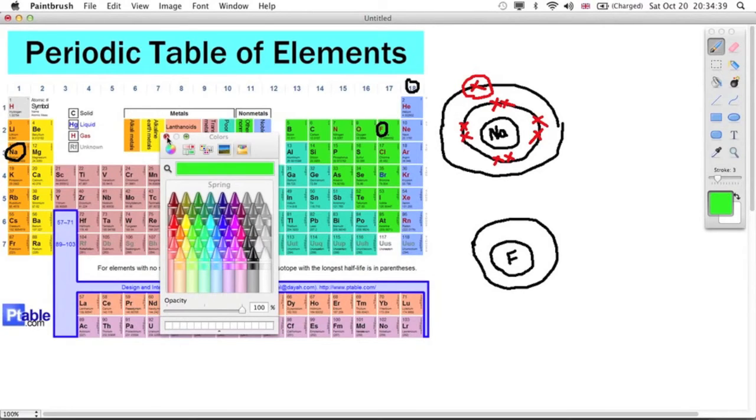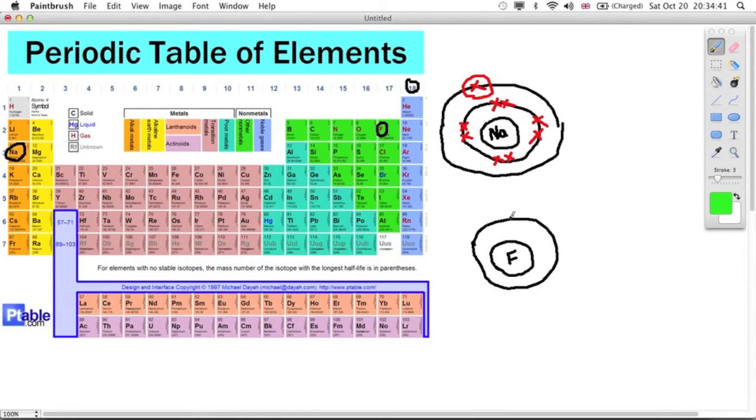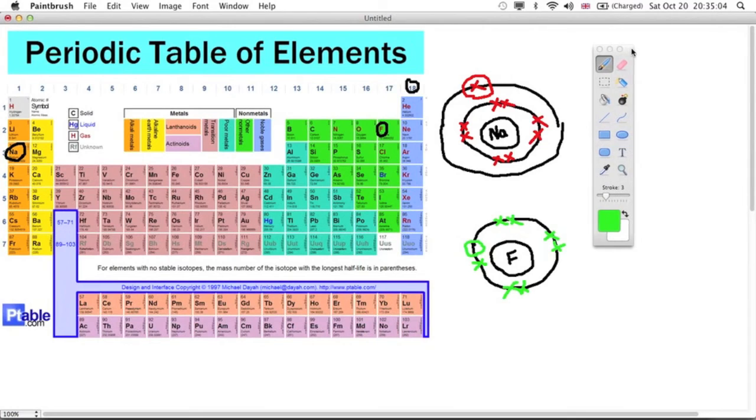I'll be using a different color for that. We'll use green. It has 1, 2, 3, 4, 5, 6, and 7. So it's missing an electron, and sodium needs to lose an electron. So I think we all know what will happen in the end.